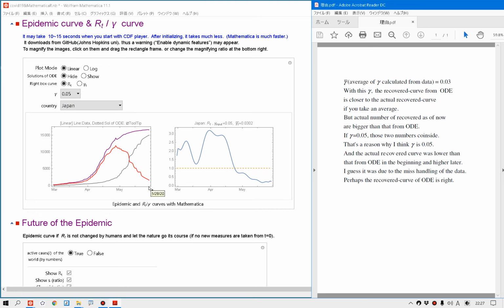This data is as of March 28th. The confirmed cases are 16,000, recovered is 15,000, and active cases 1,600.